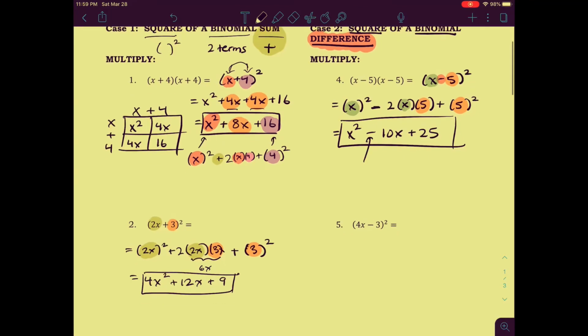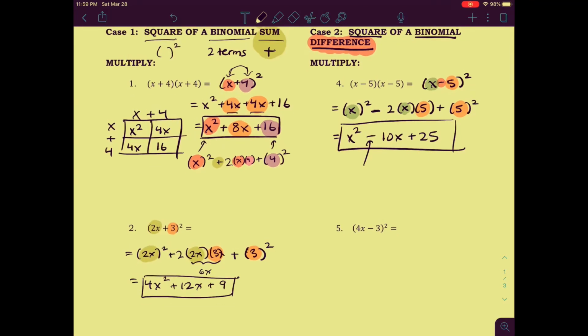And so looking at example 5 then, following the same kind of structure, I know that this first term here is 4x. And so I'm going to square that first term. And I know because this is a minus sign, I'm going to put a minus sign here, okay? I'm going to put a 2 just like I did before.